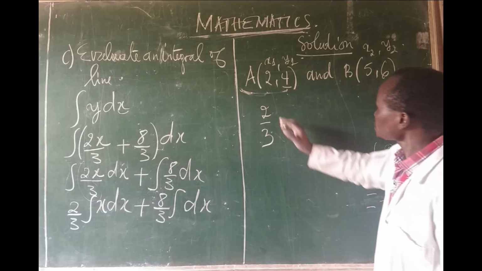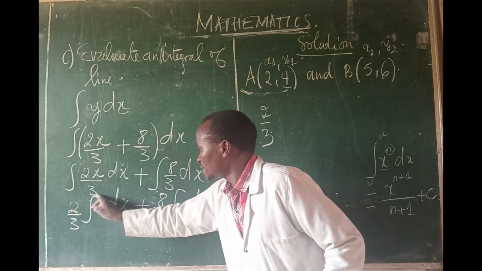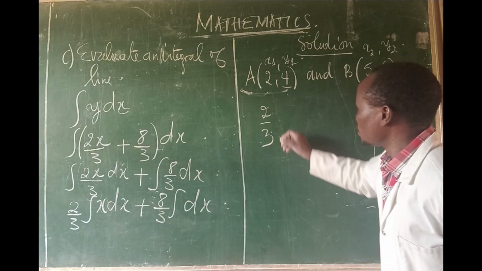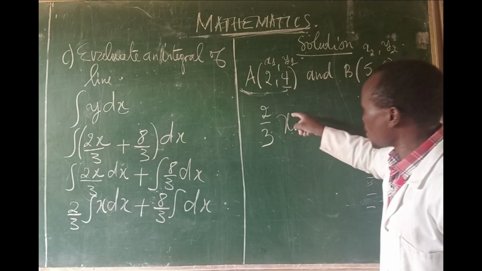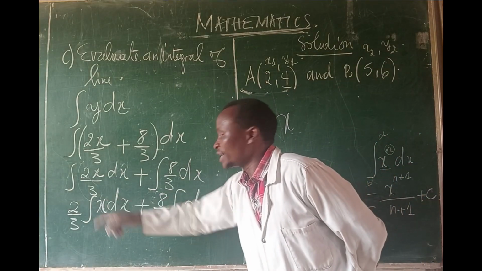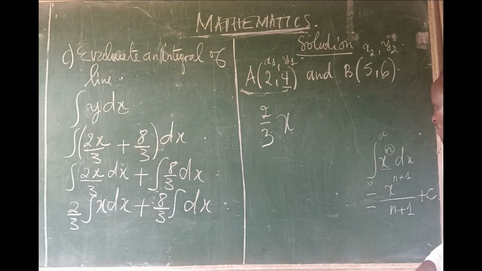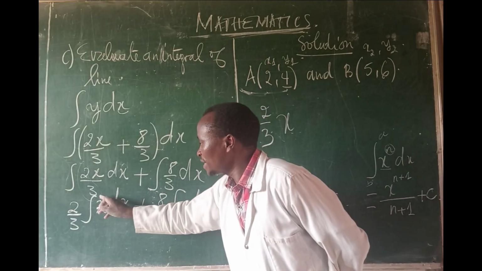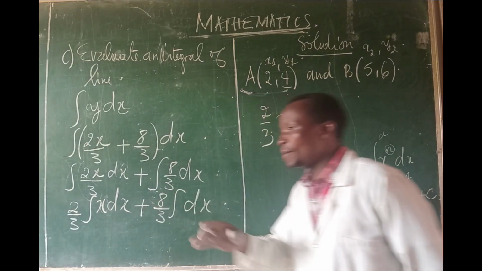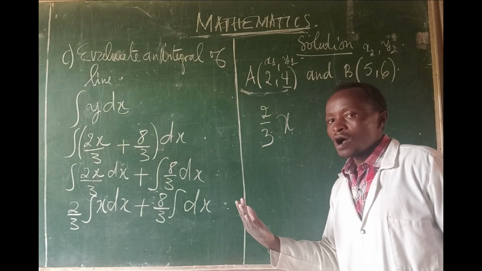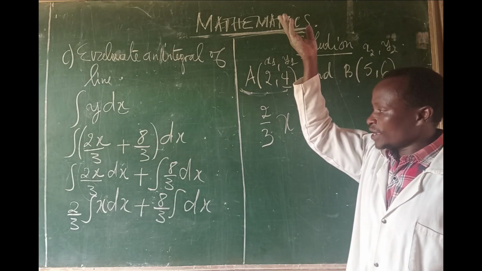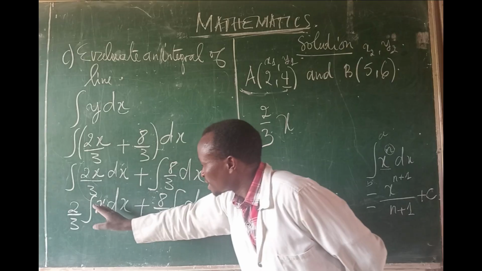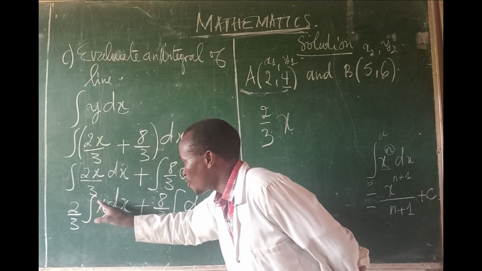Now, here we have x, its integral is x to the power n. What is the power of this x? When there is no number like 2, 3, up to infinity, it means we have a power of 1.